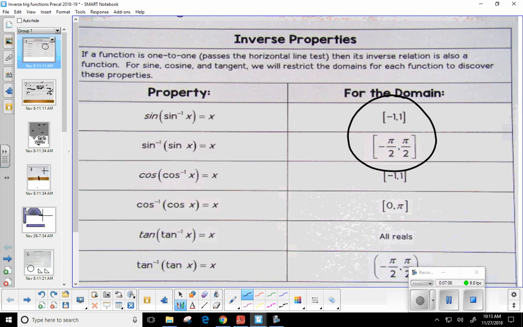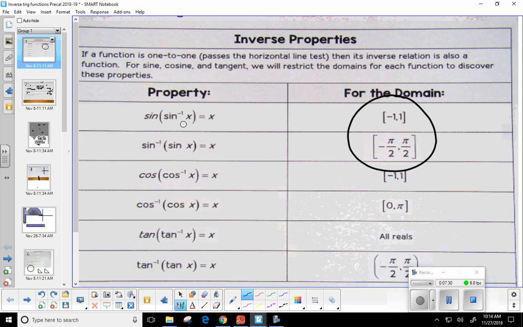Remember, when you evaluate a trig function at an angle measure, you get a ratio, the sides of a triangle. But if you're given the ratio and you want to work backwards to find the angle, you have to plug the ratio into the sine inverse or the trig inverse, whatever you happen to be using, to get that angle measure.